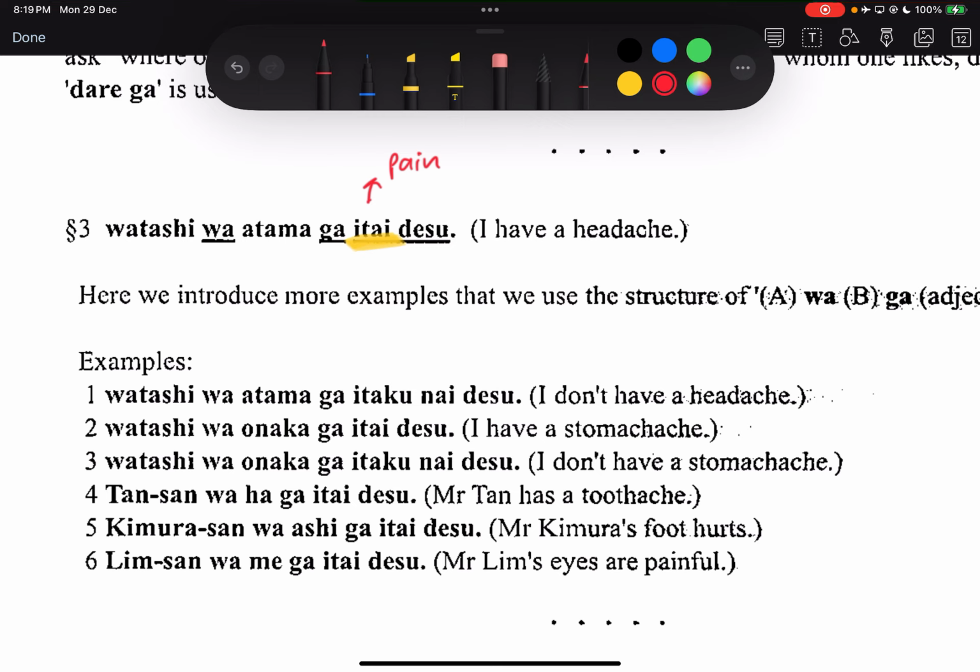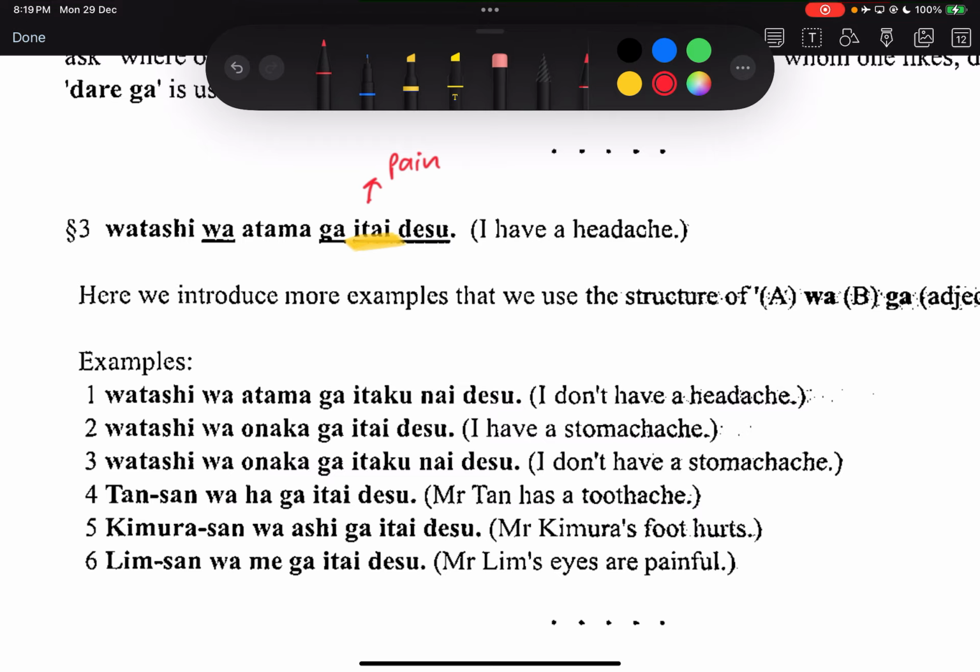Is it strange to say 我是? It depends on what you want to say. If you want to say for me it's my head pain, that means there's a lot happening already. Then if you want to say my head is pain, you say watashi no atama ga itai desu. If you are at the doctor, and the doctor says how can I help you today? Then you can say the head is pain, but you can also say for me it's my head pain. So it depends on how you want to say.